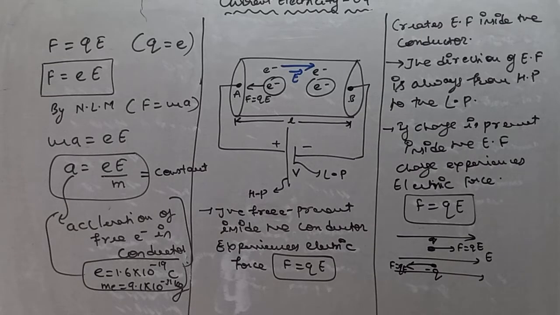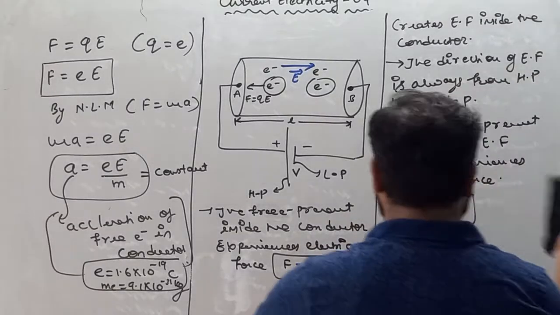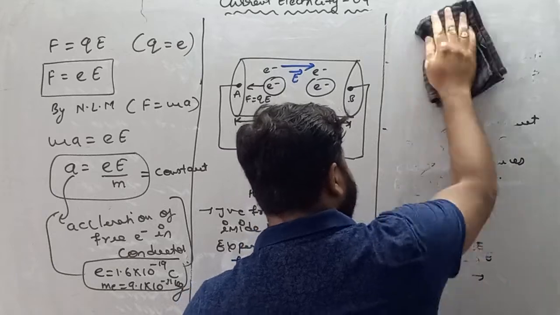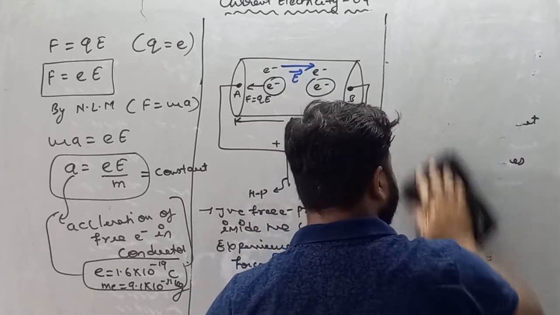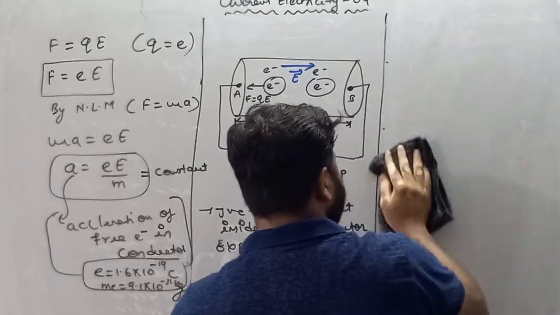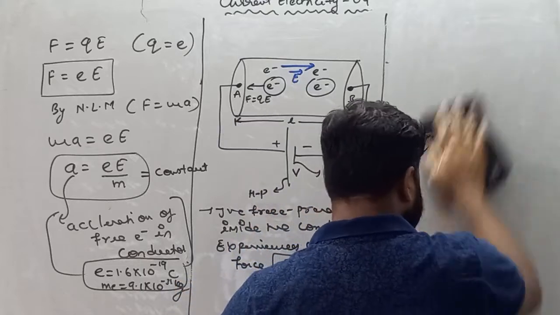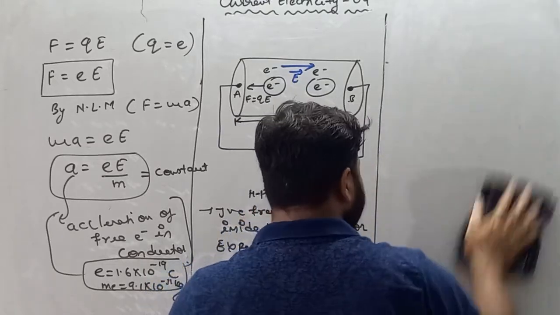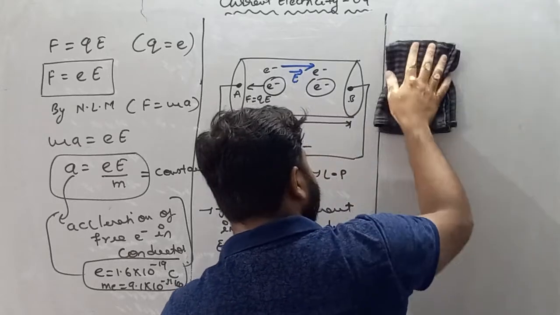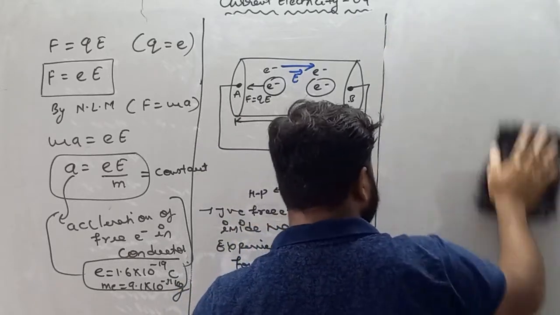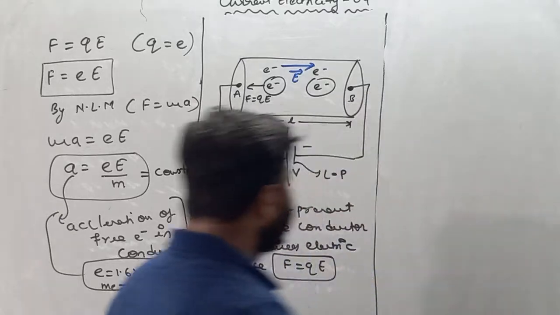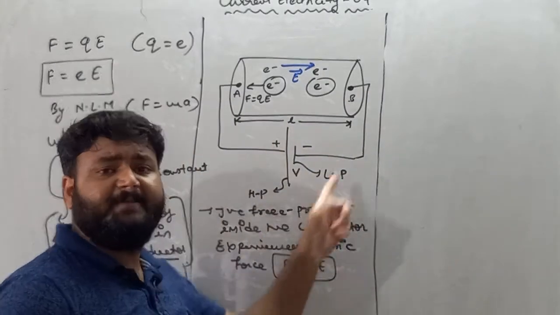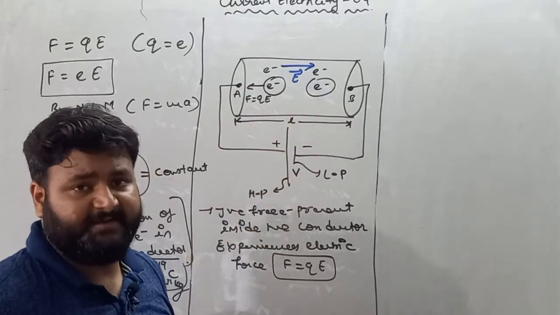Next step, my dear student, I hope you all understand these concepts. These concepts are just related to the first chapter. As we know, under the presence of electric field, the charges experience force of magnitude F equals QE, and the direction of force for an electron is opposite to the direction of electric field. So see, my dear student, after connecting the battery, current is defined.